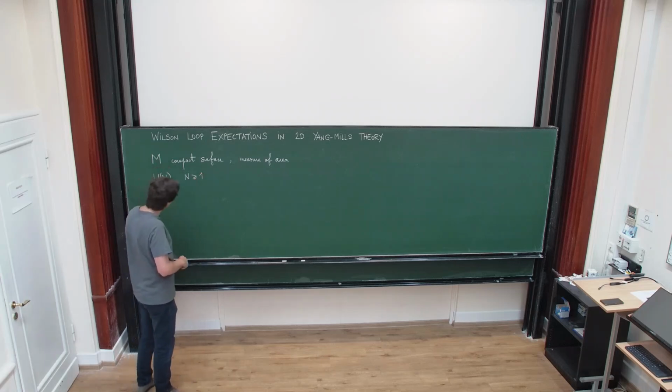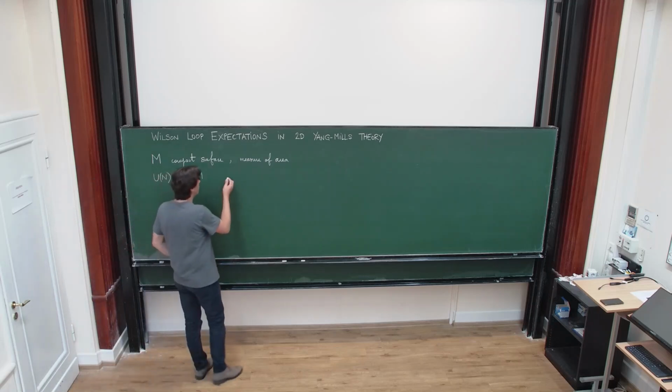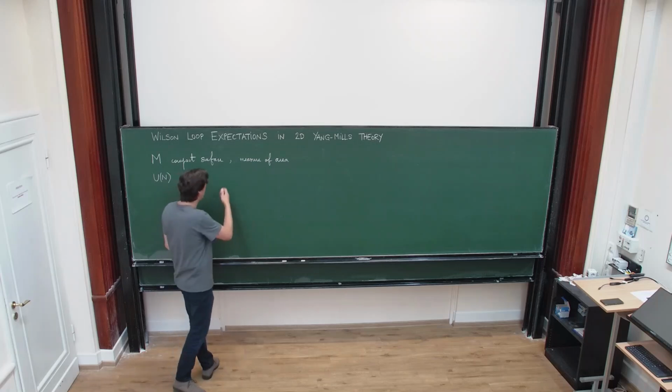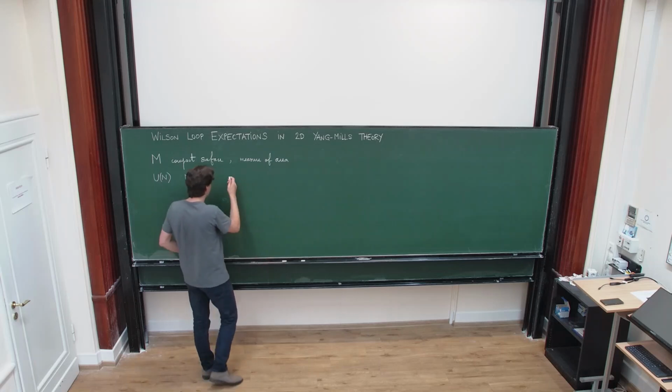And I need to normalize, I need to measure the size of the group in some sense. I do this by choosing an invariant scalar product on the Lie algebra. This will not appear explicitly later, but still it is a fundamental ingredient of the theory, so I'm describing it.